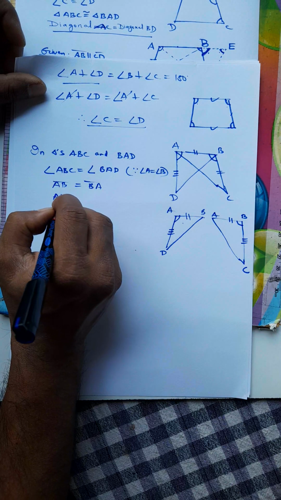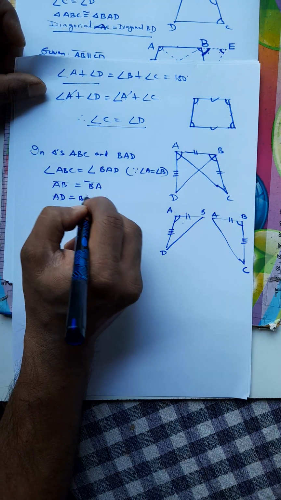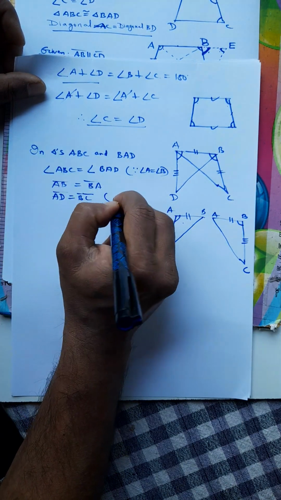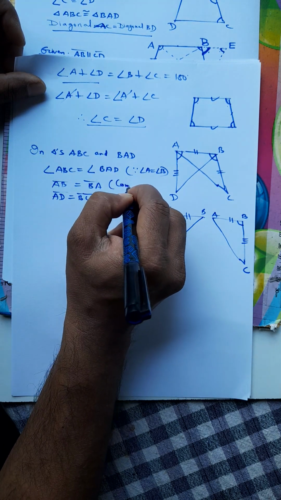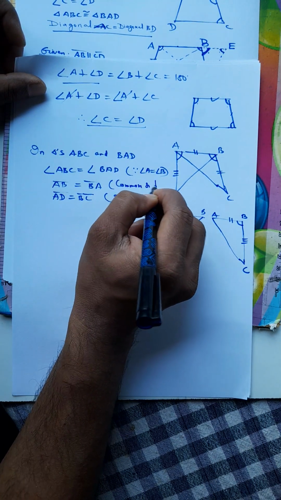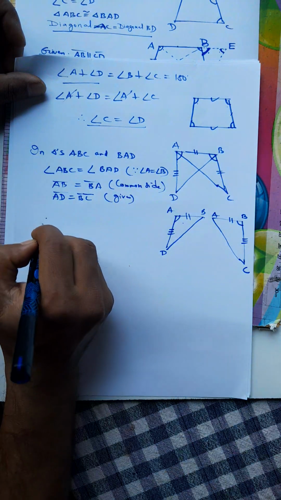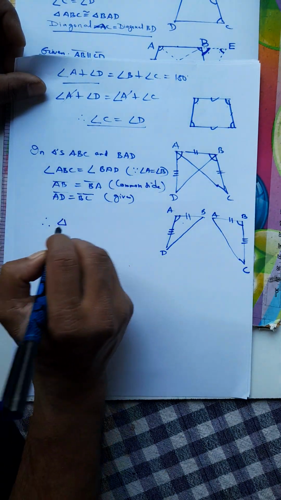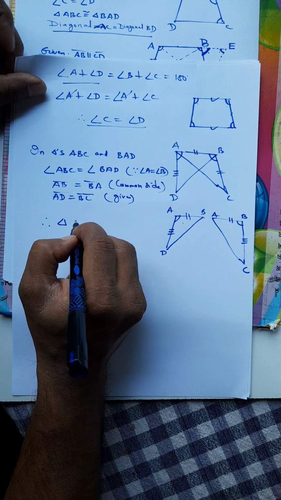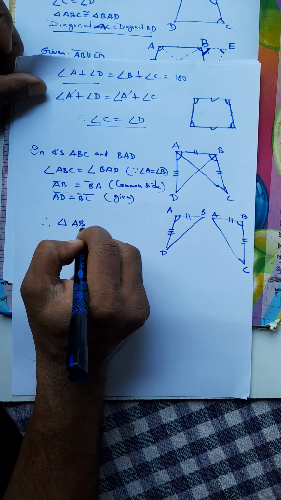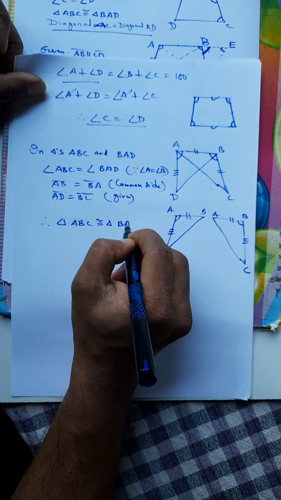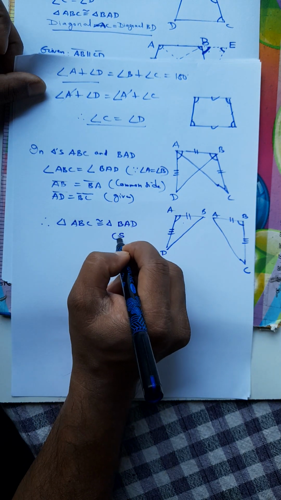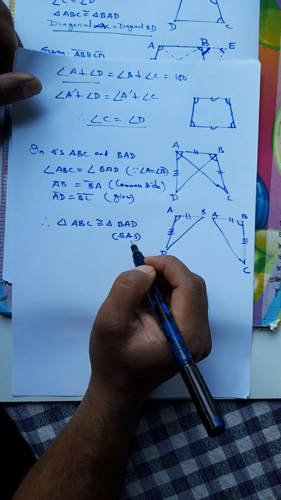AD equal to BC, this was given. This is common side, right? Therefore triangle ABC congruent to triangle BAD by side angle side criteria.